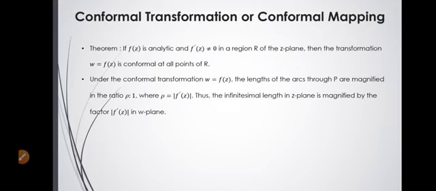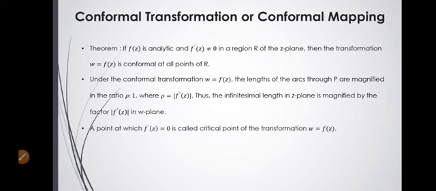Under the conformal transformation W equal to f of z, the lengths of the arcs through P are magnified in the ratio rho is to 1, where rho equal to mod of f dash of z. Thus the infinitesimal length in the Z plane is magnified by the factor mod f dash of z in the W plane.